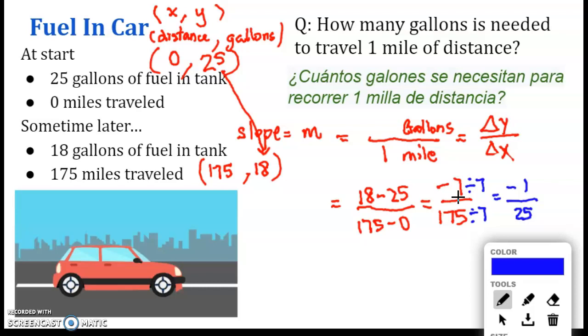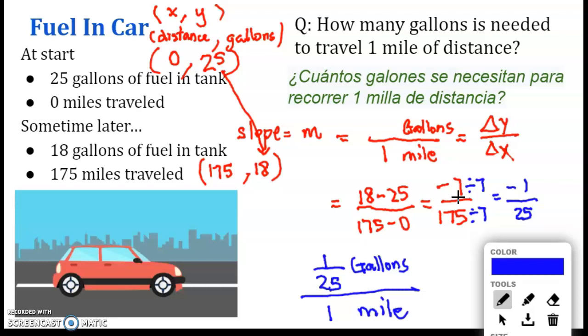So the slope is negative 1 over 25, or how many gallons you need is 1 over 25 gallons in 1 mile. And that is how much fuel you're using. Okay, so this is the unit rate.